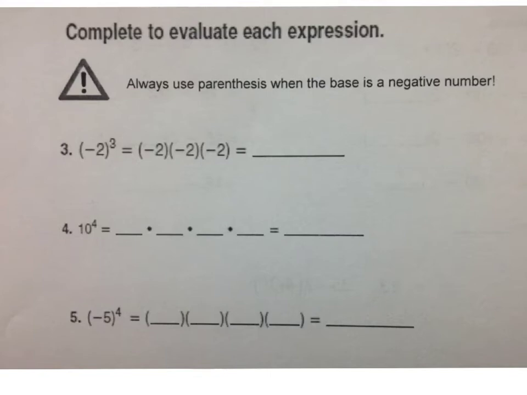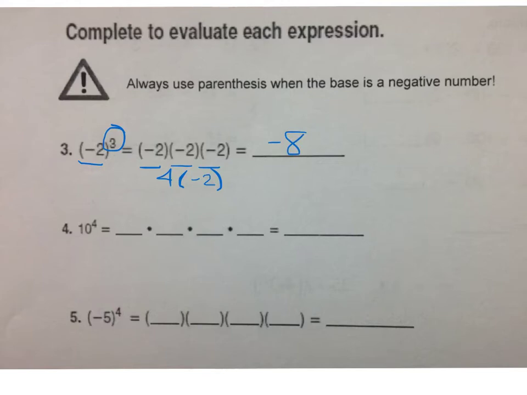All right, let's practice evaluating some expressions here that have exponents in them. So example number 3 says we're going to take the base of negative 2 and raise it to the third power. Use the base of negative 2 as a factor 3 different times. So negative 2 times negative 2 is positive 4, and positive 4 times negative 2 is negative 8.